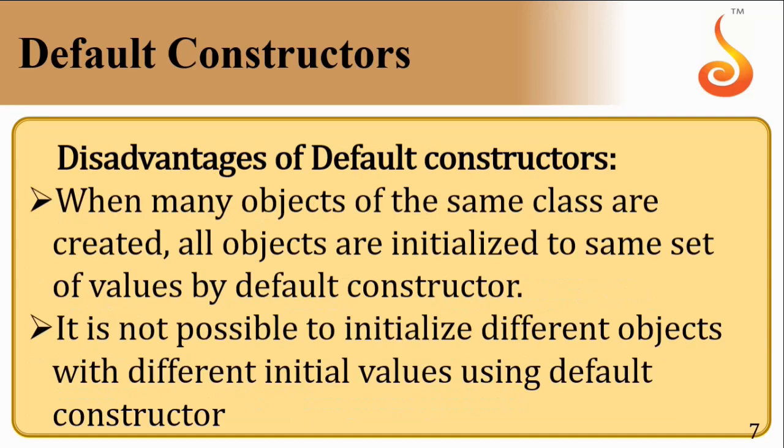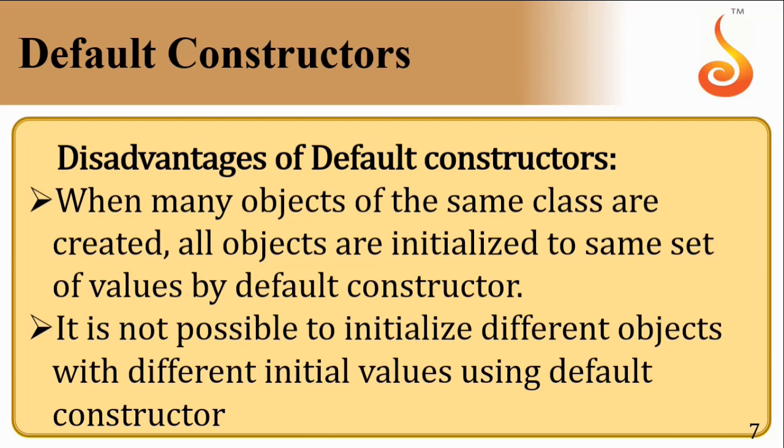Disadvantages of default constructors: when many objects of the same class are created, all objects are initialized to the same set of values. That is, like I told you, x is equal to 10. If I give an initial value to a variable x as 10 and I create 10 objects, for all the 10 objects the value of x remains 10 in the beginning.